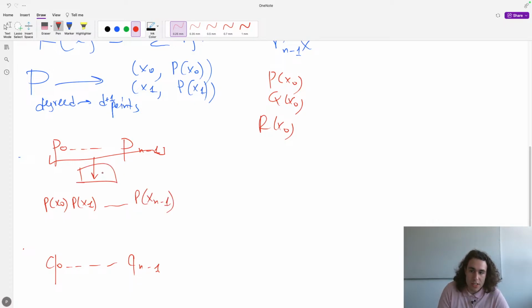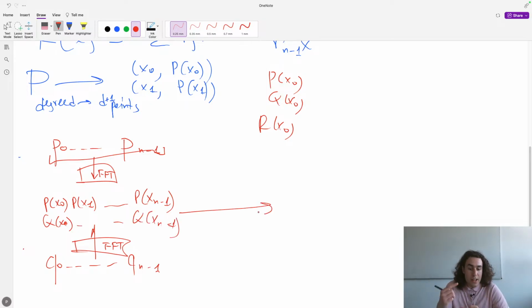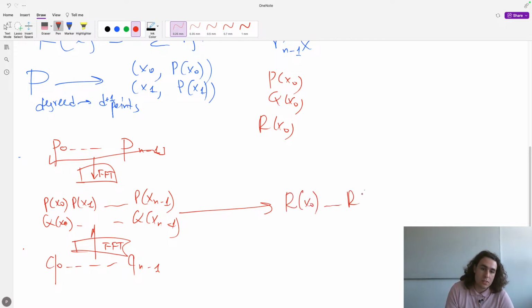This step will be called FFT. We do the same thing with Q. We apply FFT, which is going to give us Q of x0 and so on, Q of x(n-1). We're going to multiply them element by element, which is going to give us the values R of x0 up to R of x(n-1). And then we're going to do the inverse action, right?